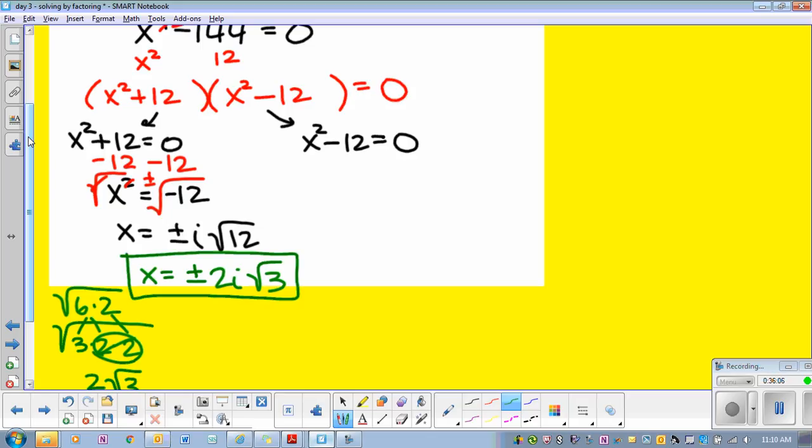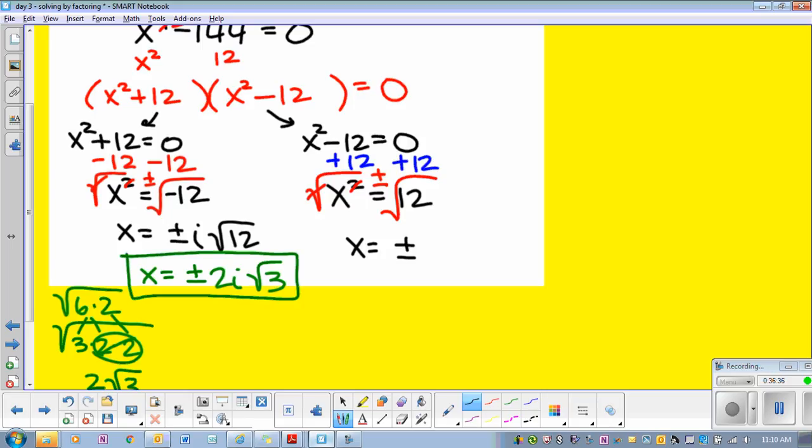X squared minus 12 equals 0. Plus 12. So then you have x squared equals 12. Square root with a plus or minus. And then x equals what? Plus or minus. Wait a minute. Square root of 12, isn't that exactly what we did for the other one? Except it didn't have a negative, right?